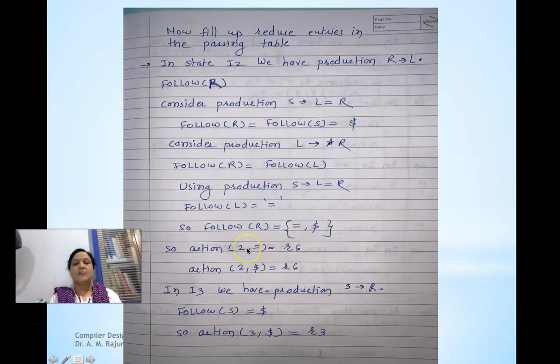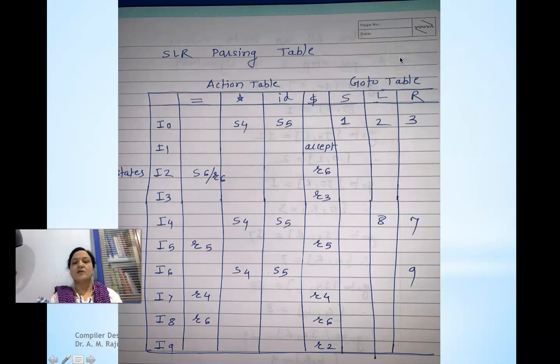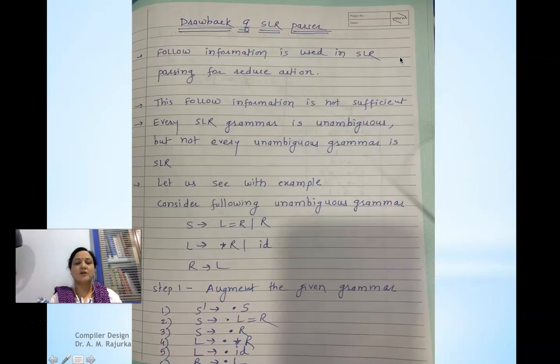The action for reduction is placed below the follow members. Follow members are equals to and dollar. So for state 2, on the follow members equals to and dollar, we are reducing by the production R tends to L dot. What is the number of R tends to L dot? It is the 6th production.